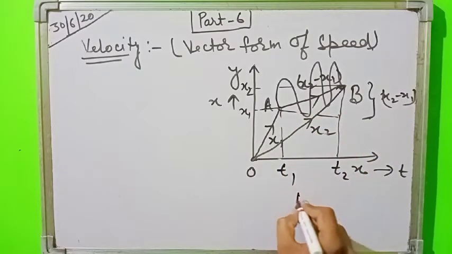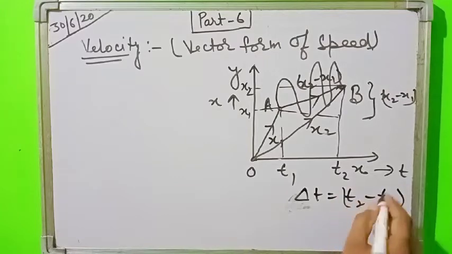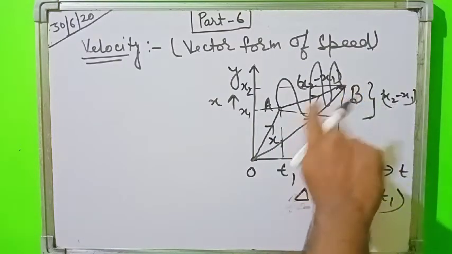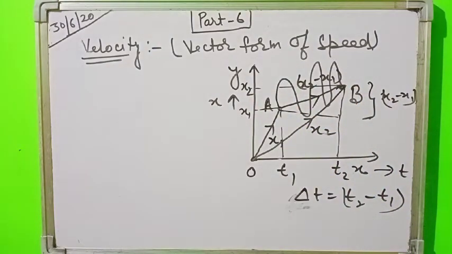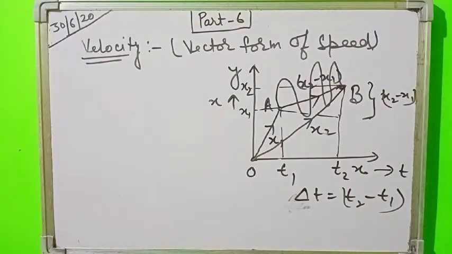The time interval delta t is t2 minus t1. At time t1 the object is at position x1, which is called its position vector, and at time t2 the object is at point B, which is x2 meter. So the net displacement is x2 minus x1.